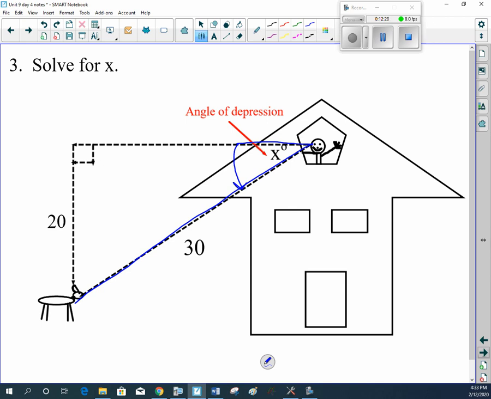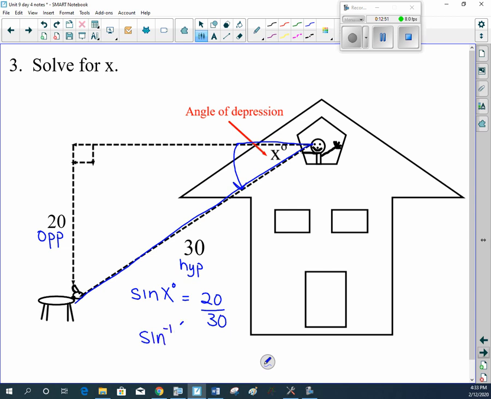Well, this is considered the opposite side over here, the 20, and the 30 is the hypotenuse. So I would do a trig function, which would be sine. So I would say sine x equals opposite over hypotenuse. So remember, if you're looking for an angle, you have to do the inverse button.